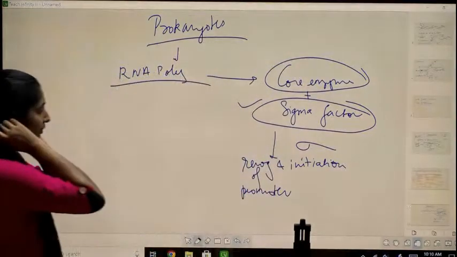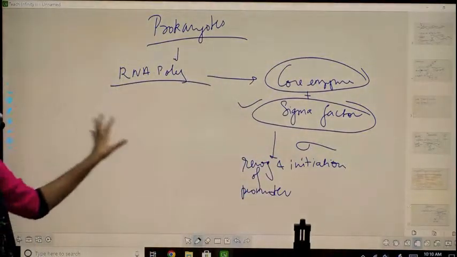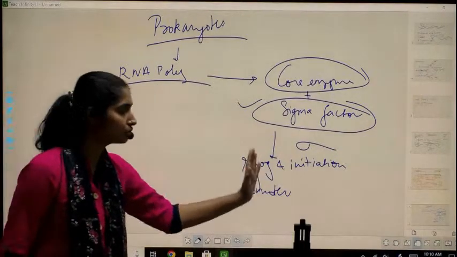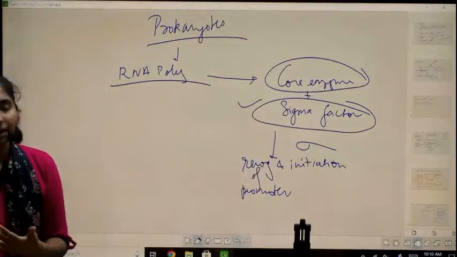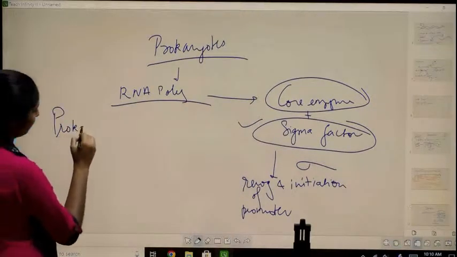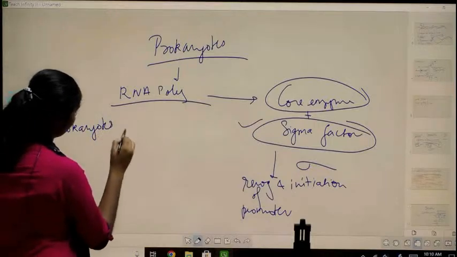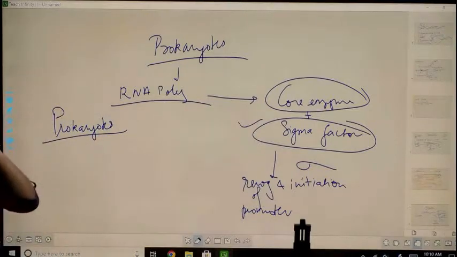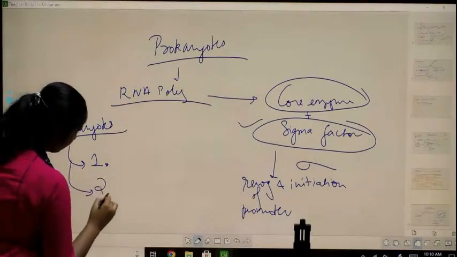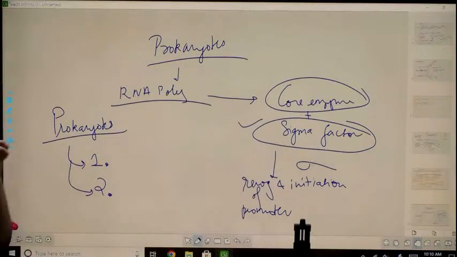After that, the process of transcription is very much similar to replication. The new strand will be produced, right? Now how does it terminate? In prokaryotes, there are two ways in which transcription can terminate. The first method is through the sequences in DNA itself, right?